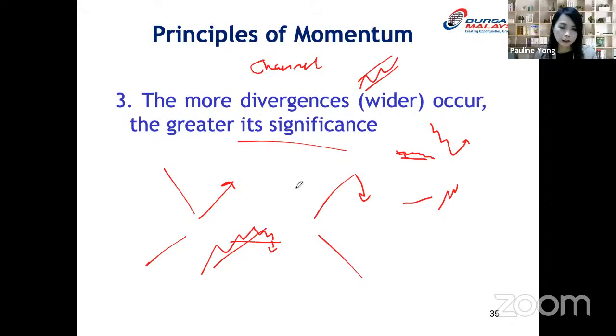If you look at 2008, when we had that global financial crisis, not only did the equity market crash, commodities and oil prices also crashed, and the bond market also crashed. All financial markets were crashing, so it will affect all markets, including Bursa Malaysia, Asian markets and European markets.